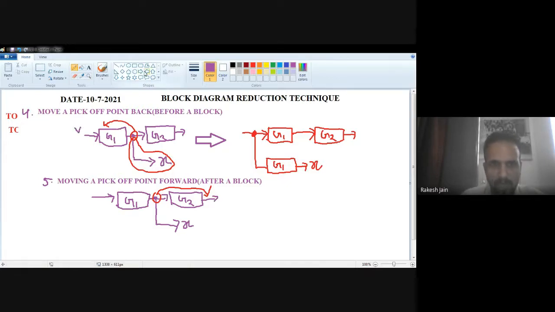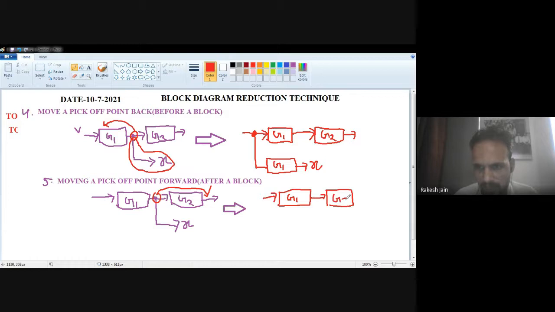But what will happen whenever I wish to move a pick-off point after the block? Then it will be easily moved. But remember one thing, the block will also come in reciprocal manner, 1 upon. Okay, this is the only change. Now I am drawing the converted diagram in which the pick-off point which was in between G1 and G2 now moves after the G2.